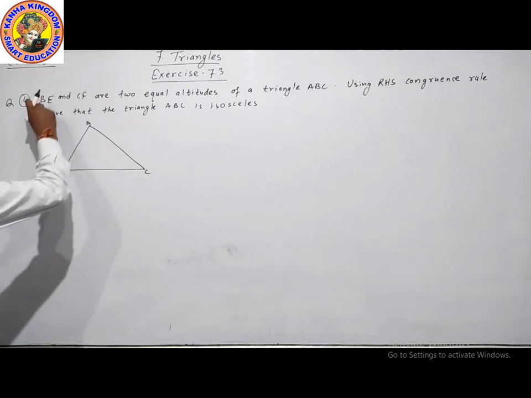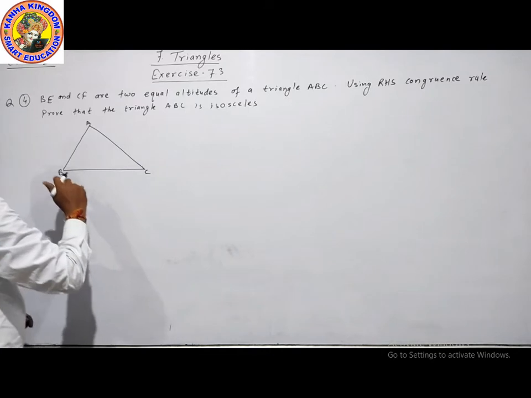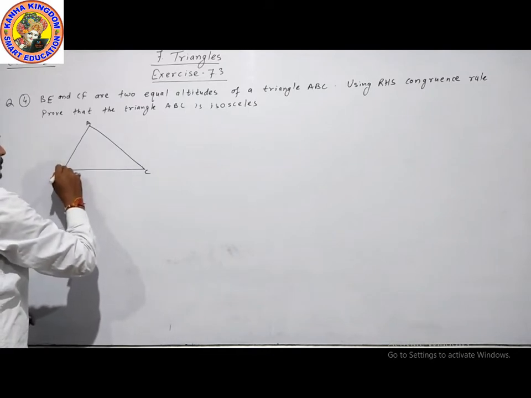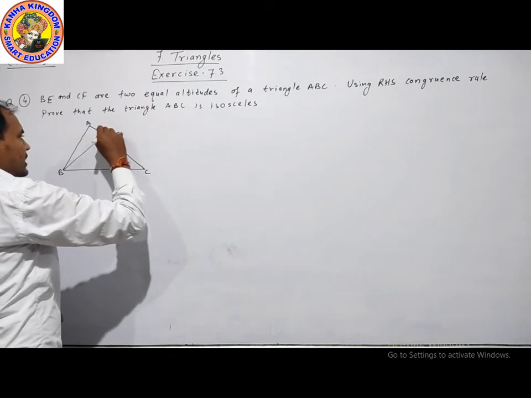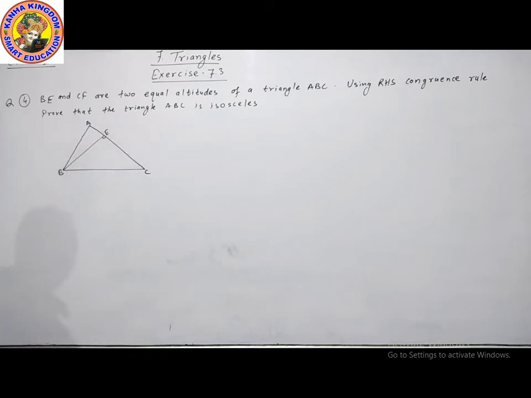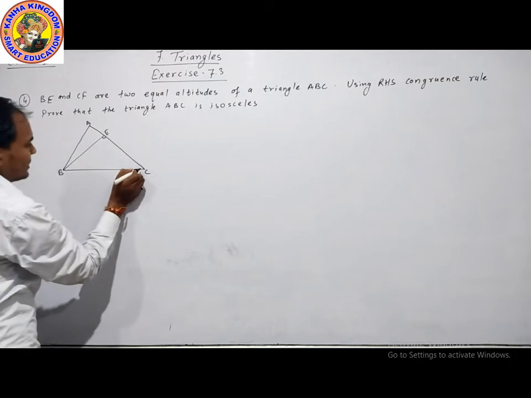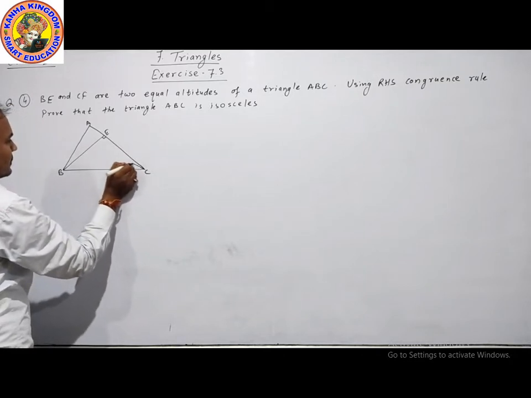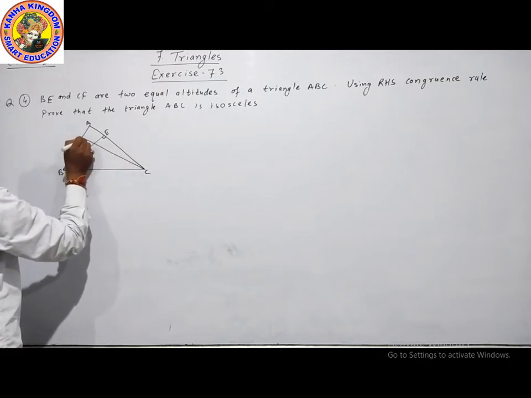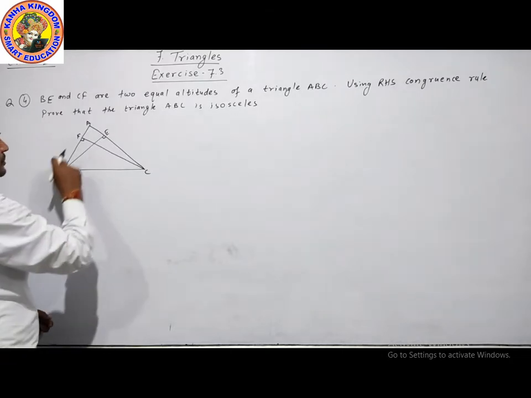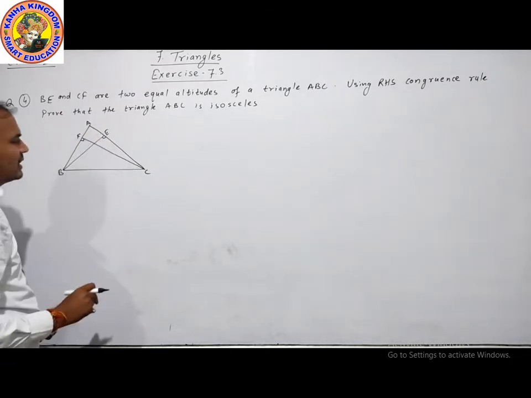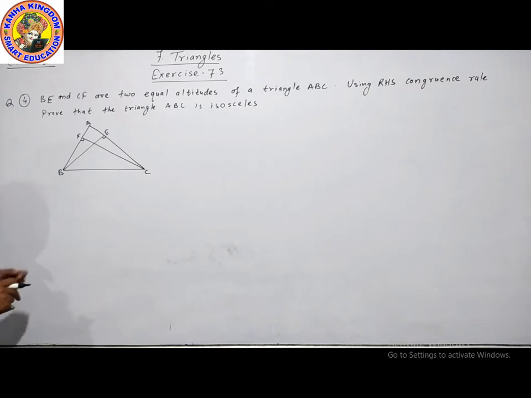Now BE is an altitude. Starting from B to E is an altitude, meaning 90 degrees or a perpendicular side. CF, taking this one, CF is an altitude. Given that BE and CF are equal.